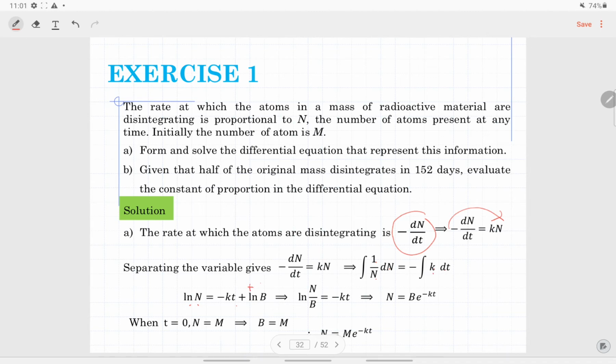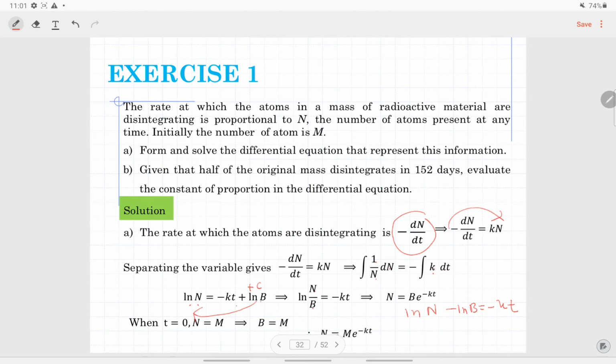So c here we let as ln b. Then ln n minus ln b, bringing to the left hand side, equal to negative kt.